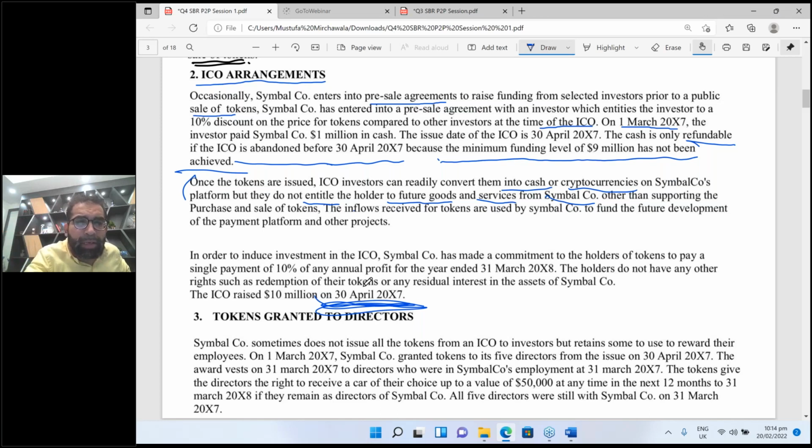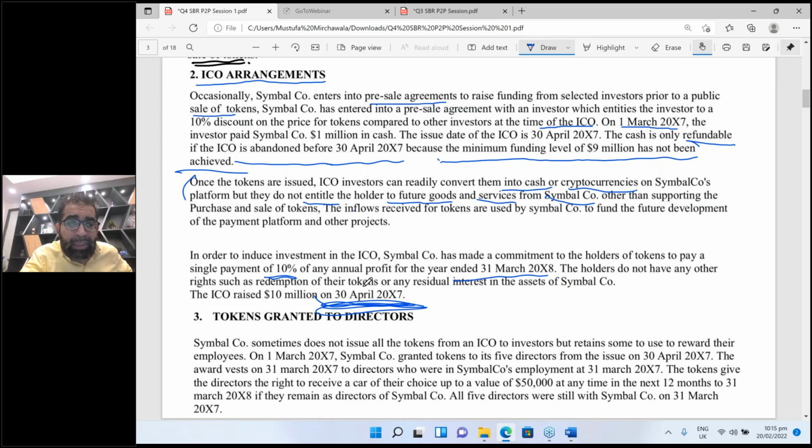Now, my dear student, make it very clear that this transaction is not a liability. In order to induce investment in the ICO, symbol company has made a commitment to the holders of the tokens to pay a single payment of 10% of any annual profits for the year ended 31st March X8. This is the one-off payment we'll make to all the investors.